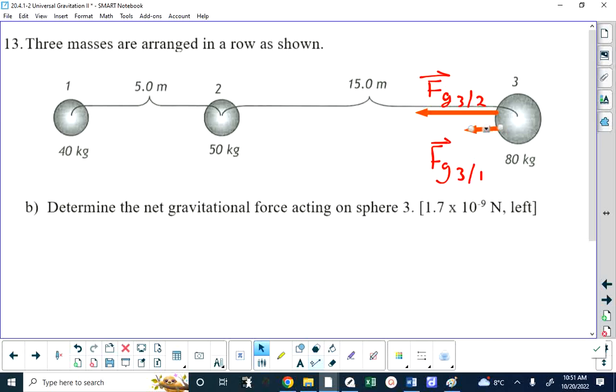And I'm not drawing these to scale. I would hazard a guess, and I think you would guess similarly, that the force that is pulling sphere 3 to sphere 1 is going to be small because sphere 1 is so far away. So the only point I want to make here is when you calculate this force between 3 and 1, you have to use the whole distance between 3 and 1. Are you with me on that?